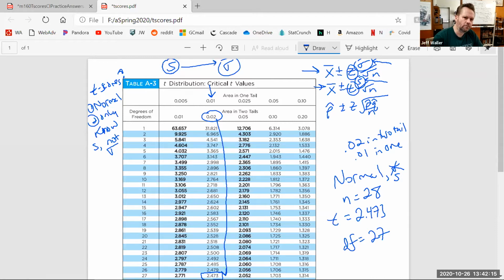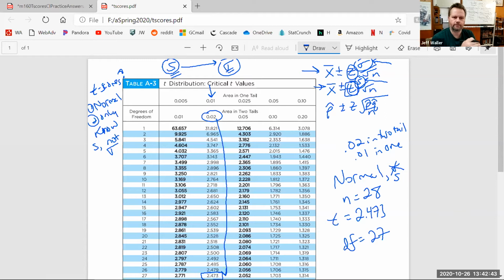So if I don't know sigma and I have to use an estimate, the t-score sort of covers my ass for that. And I like saying that not just because it makes you pay attention, because you don't hear teachers say cover your ass all the time, but also because it's exactly what it does. It makes it a little bit bigger because the t-score will be a little bigger than the z-score would have been. It literally covers your ass for not knowing something.